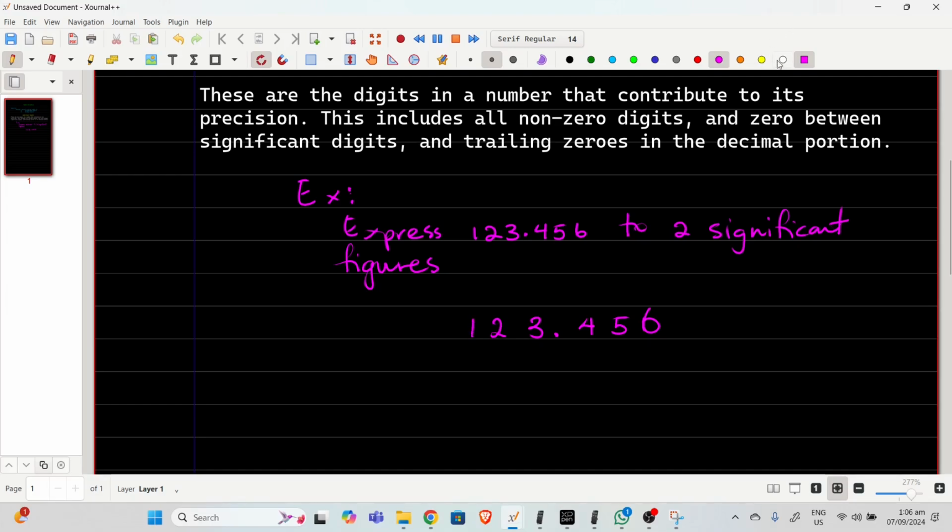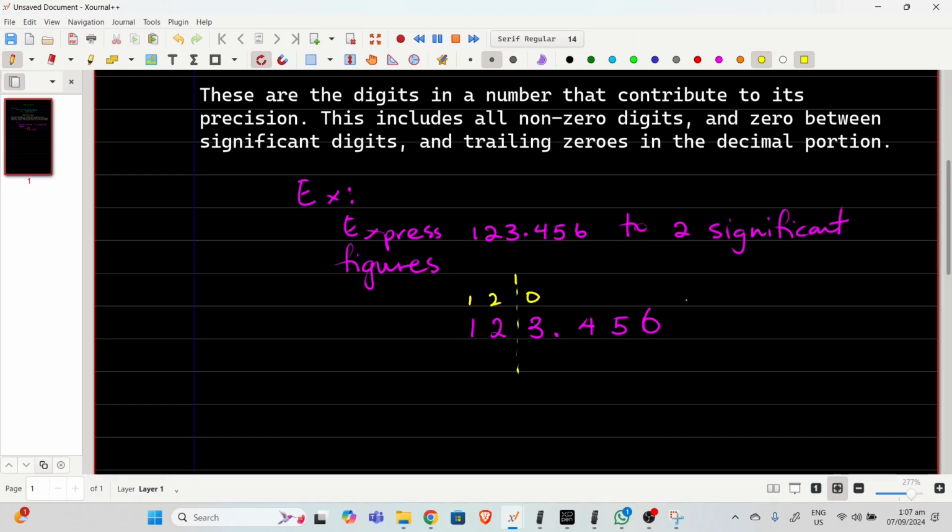So this first one is 1 significant figure, 2 significant figures, so I'm going to have to cut off the digit right after that. But I'm not going to put 3 back, I'm going to put a 0 back here. Now if this was 5 or higher, I would add 1 to the front on this side and then put the 0 here, but it's not, so I'm going to leave it as it is, and put a 0 over there.